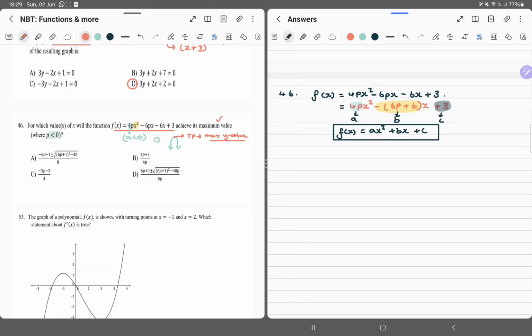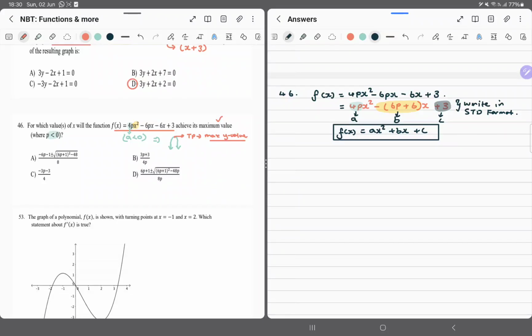All right, so basically, what is the key action here? You write in standard format.